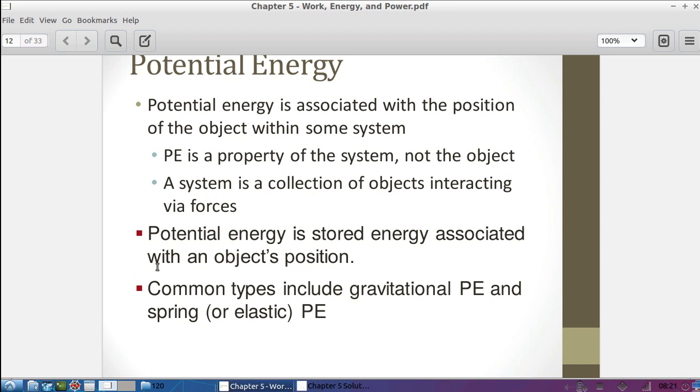So it's a stored energy, stored inside that system. If you lift an object off of the floor, it's got a potential energy associated with it based on how high it is off the floor, because when you let go of it, it's going to move with some speed towards the center of the earth, and it's going to have some kinetic energy.